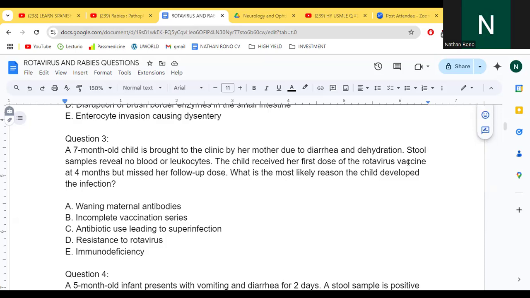What is the most likely reason the child developed the infection? I'm seeing B. Any other answer?